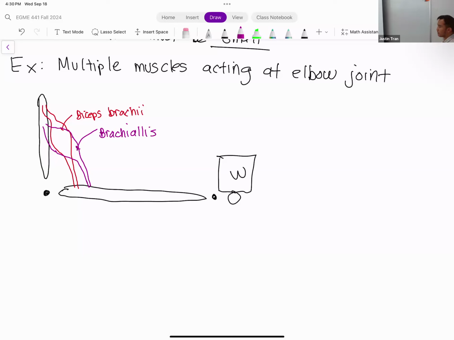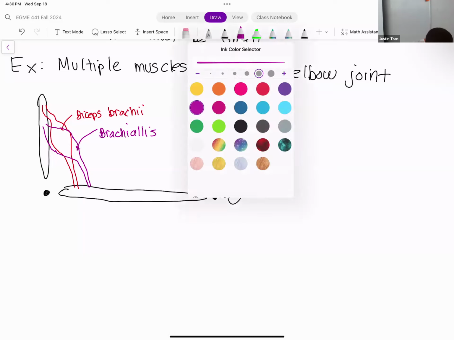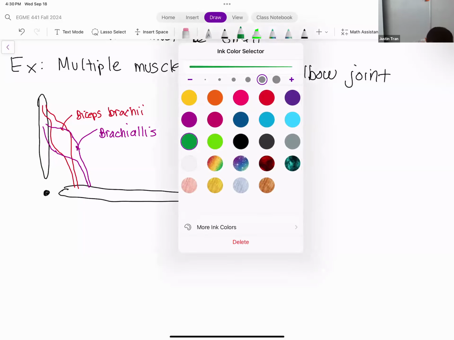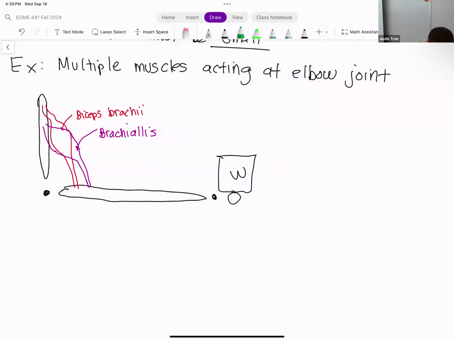That's the brachialis muscle there in purple. And then the third muscle that we're going to consider is the brachioradialis. It looks something like that. So we have three muscles to consider in this case.